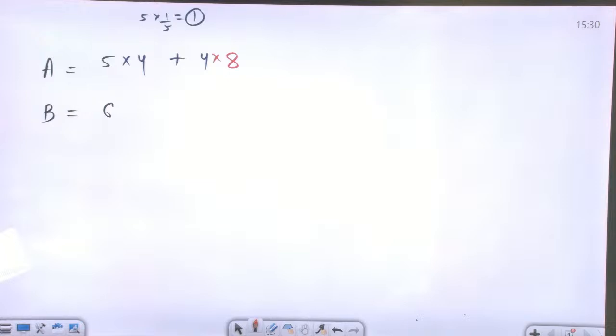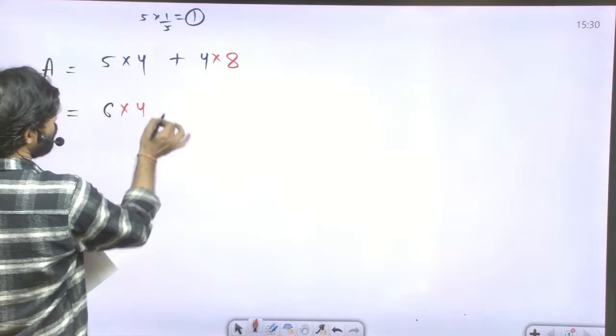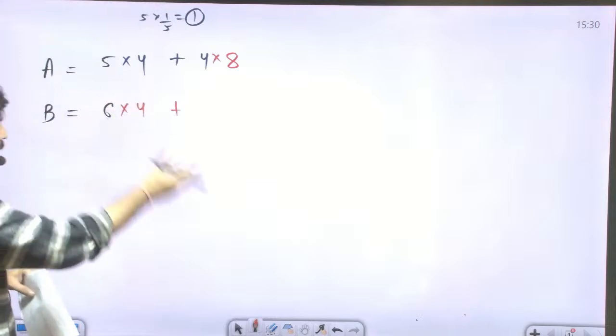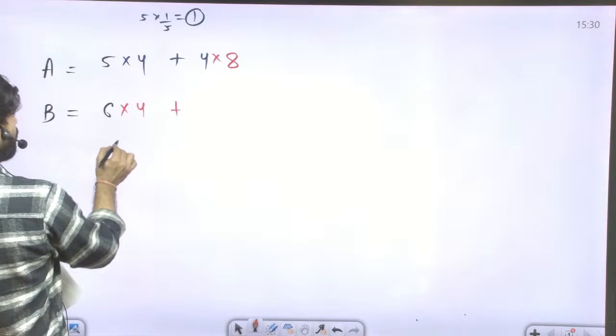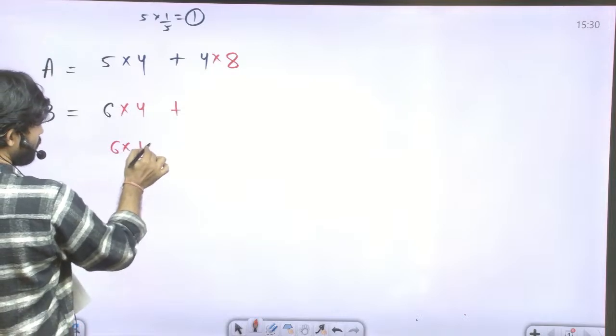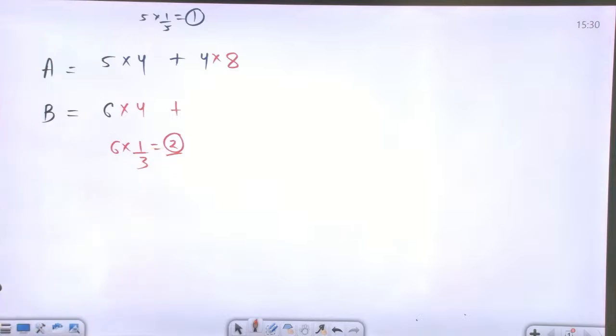And B has done the same change at the same time. B increased his capital, so he invested 6 units for 4 months, and after that he increased his capital by 1/3. So 6 times 1/3 equals 2. He has increased his capital by 2 units.